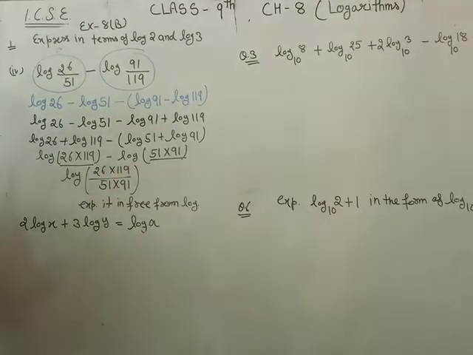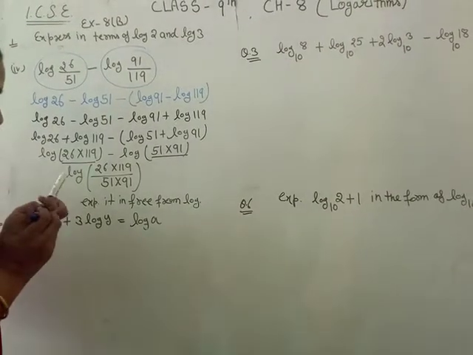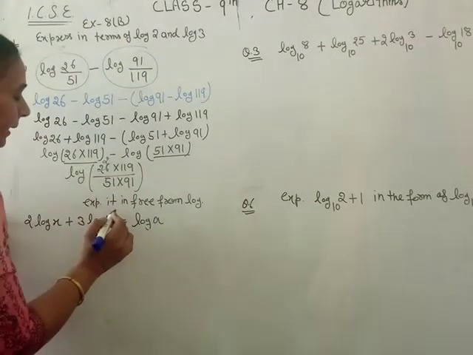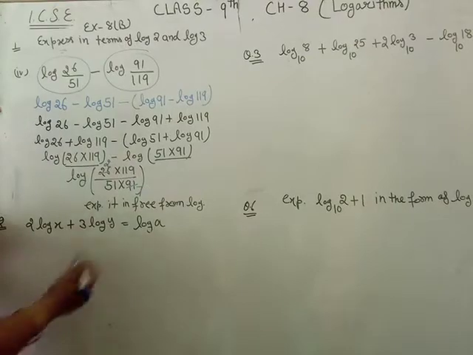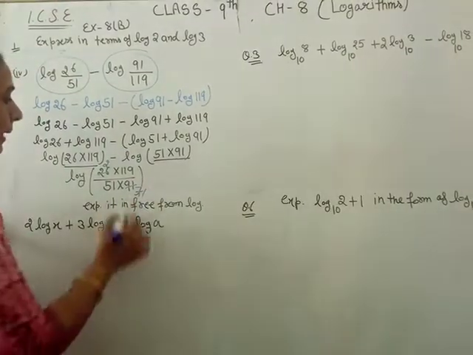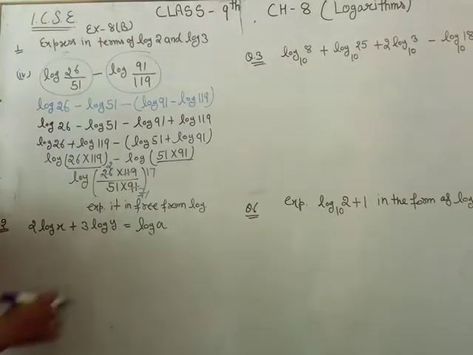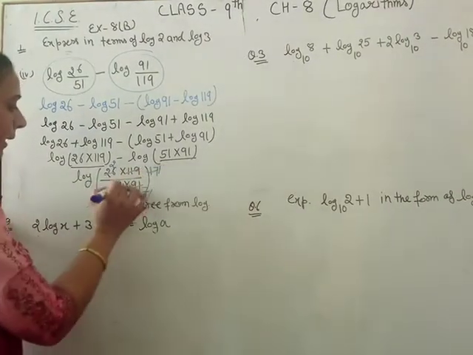Now we cancel. First, 26 is 13 times 2, and 13 times 7 is 91. Again, 7 times 1 is 7, then 17 times 7 is 119. Again 17 times 1 is 17, times 3.